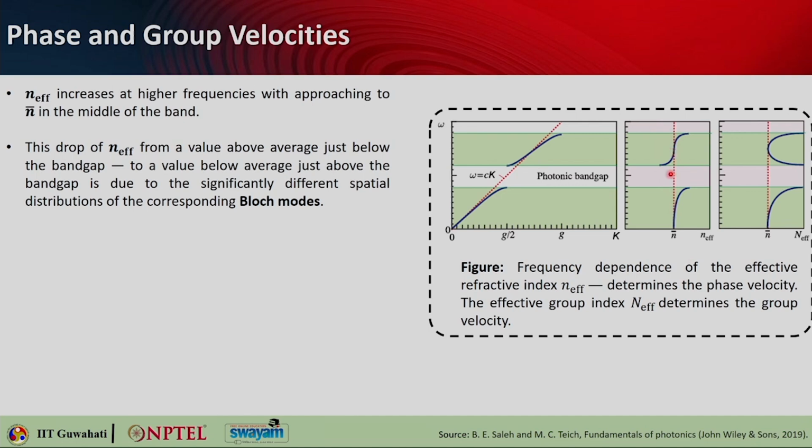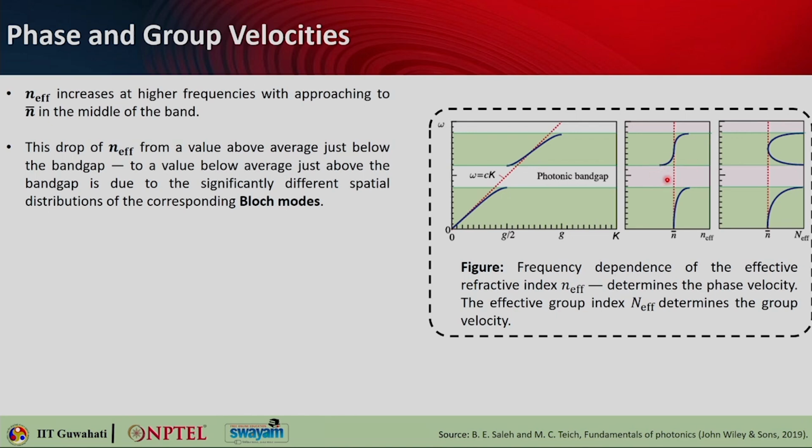Now, this drop of N effective from a value above average, which is just below the band gap, to a value which is below average just above the band gap, is due to the significantly different spatial distribution of the corresponding Bloch modes.